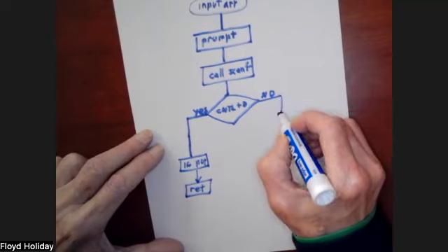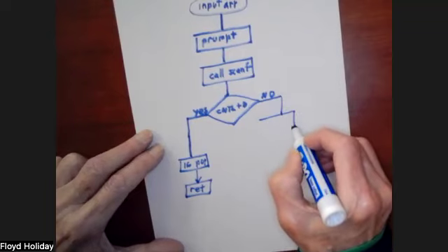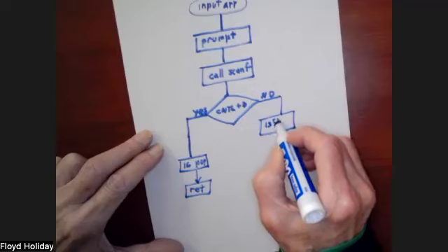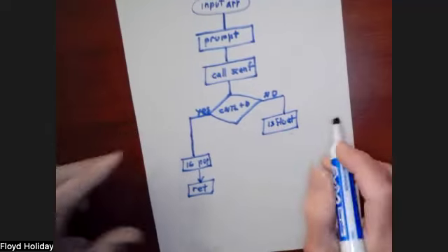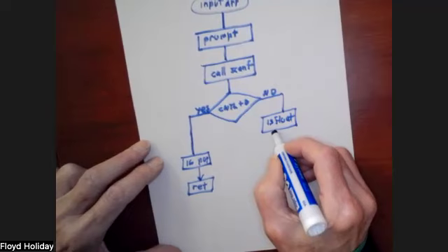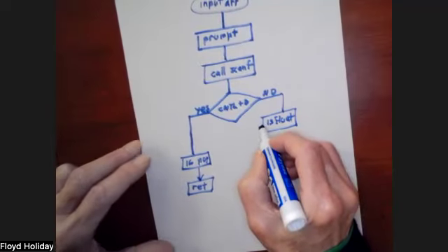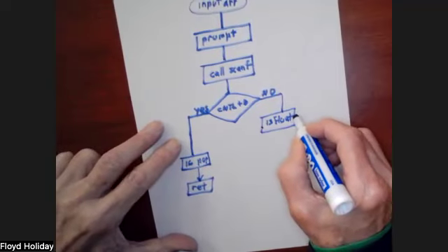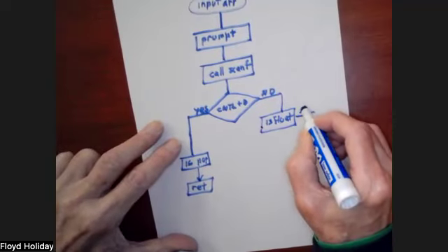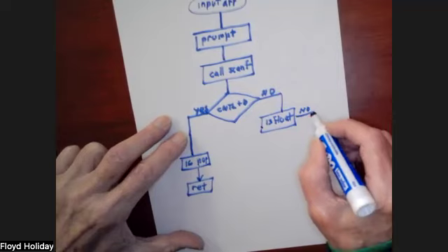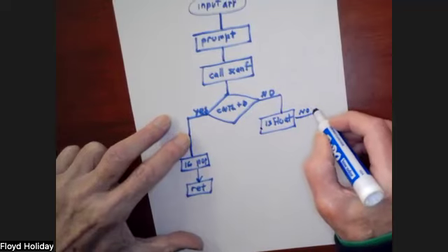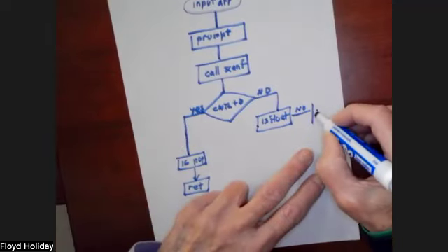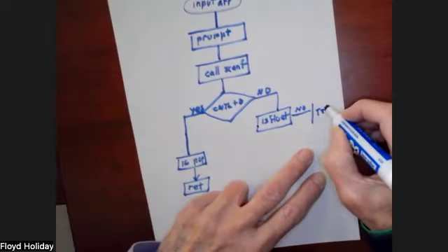you call is float. If it says no, it's not. Let's do it out this way. If no, then it goes to a message that says try again. Input it. Try again.